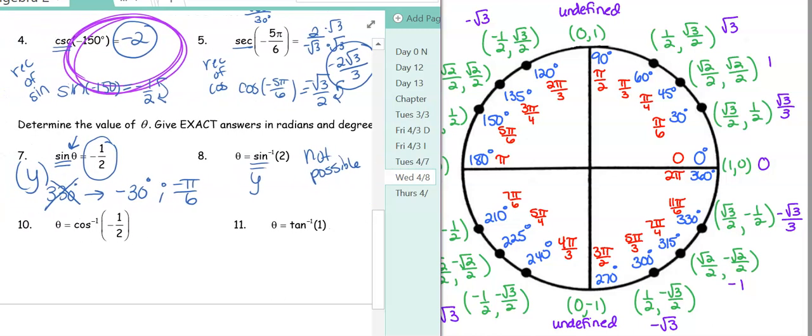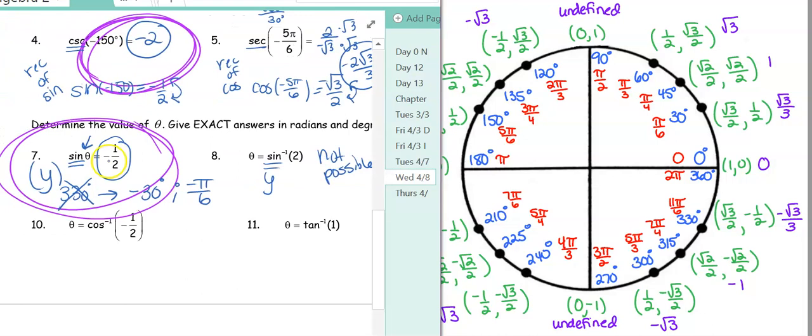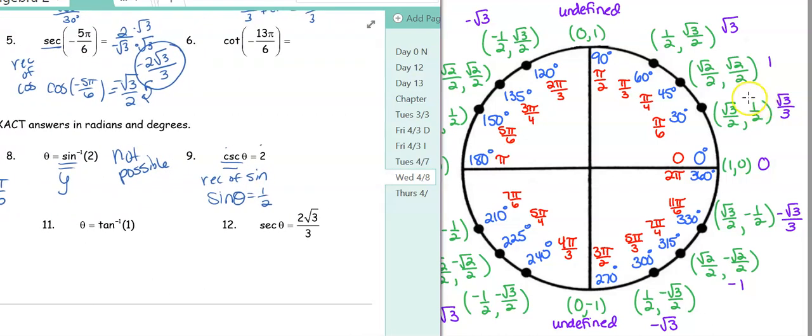Oh, look, we did that one already. Don't waste your time, we already did it. Sine of 1/2 happens at 30 degrees. Oh, I lied. That was a sine of a negative 1/2. Just joking. Sine of 1/2 is going to happen, though, right above 330 at 30 degrees. So that's going to happen at 30 degrees, which is pi over 6.